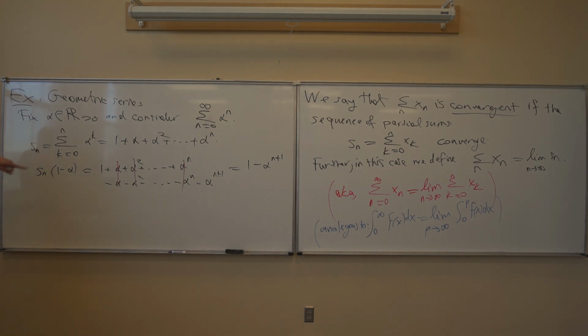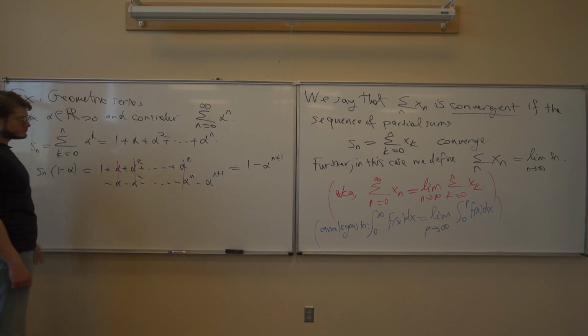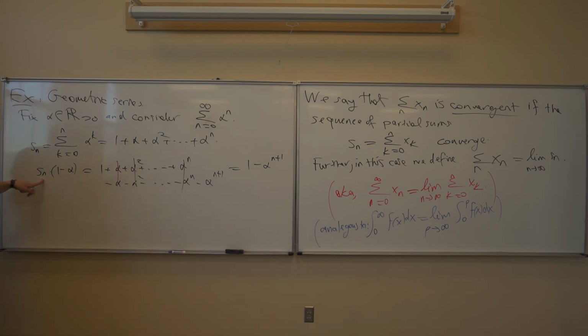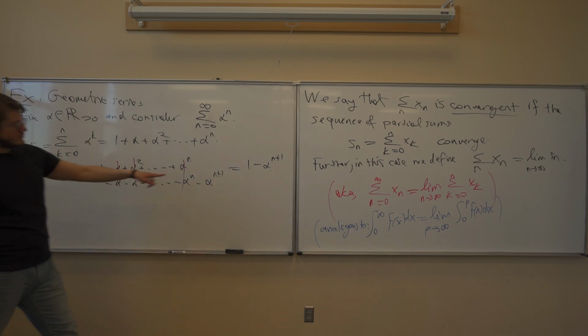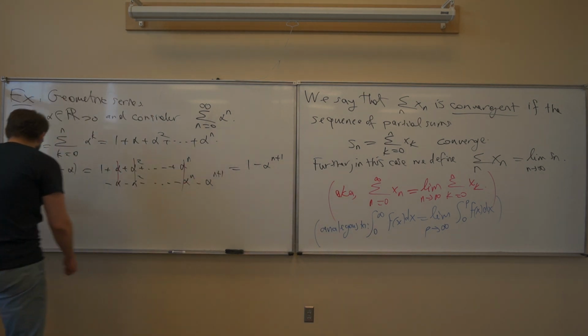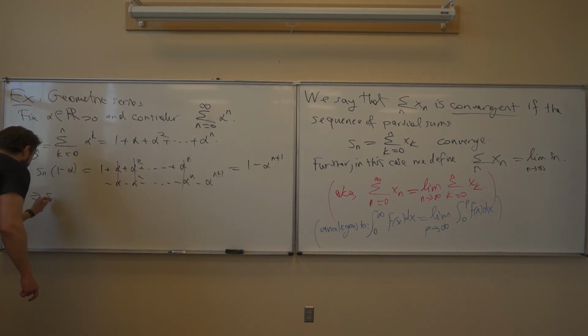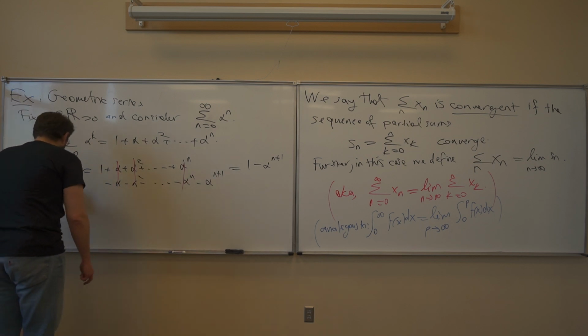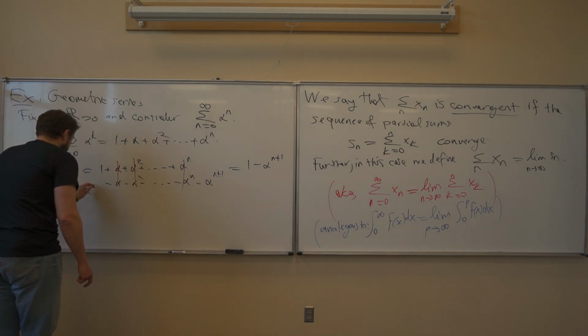You see, we're using this telescoping sum business all the time. And on Wednesday, we discussed how this is basically the idea of the fundamental theorem of calculus. When you expand certain things, things cancel out. Which means that S sub n is this.